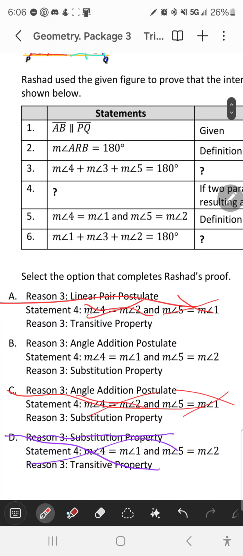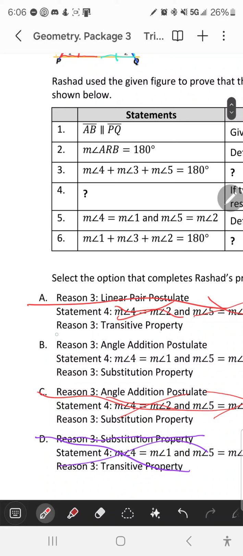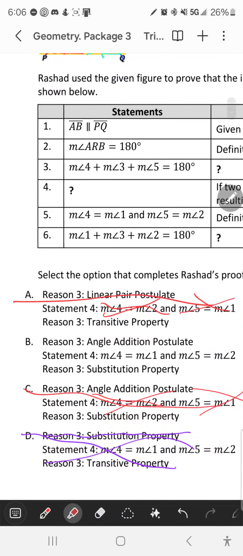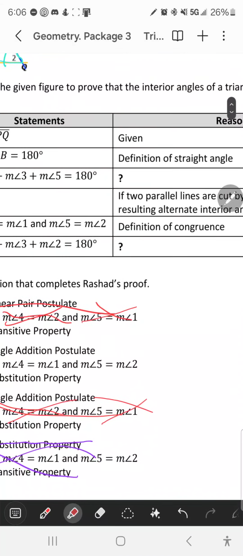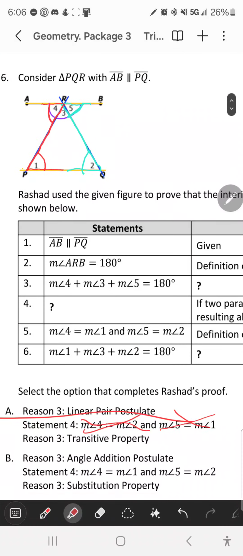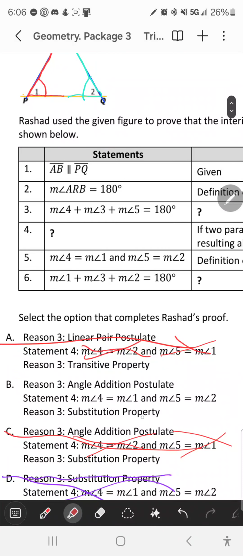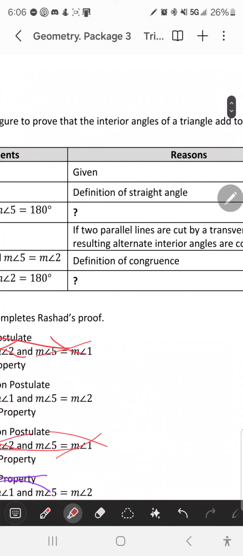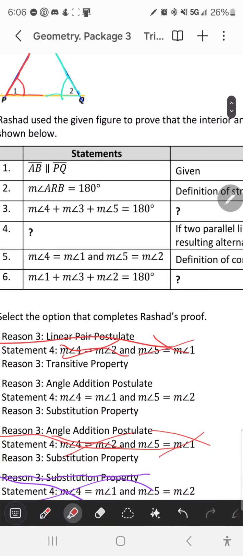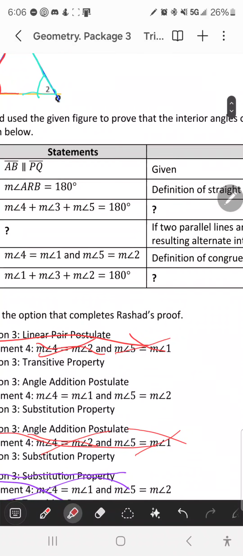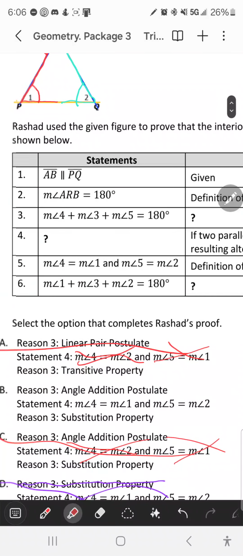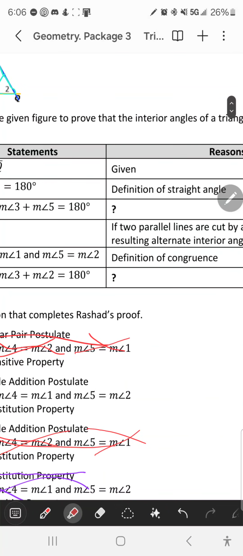So let's just make sure reason 3 actually works before giving B as our final answer. Then if we say that the measure of angle 4 equals the measure of angle 1 and the measure of angle 5 equals the measure of angle 2, that's our fourth statement. We can say the same, which is weird, but yeah, because we're giving a different reason. So now our reason is the definition of congruent.